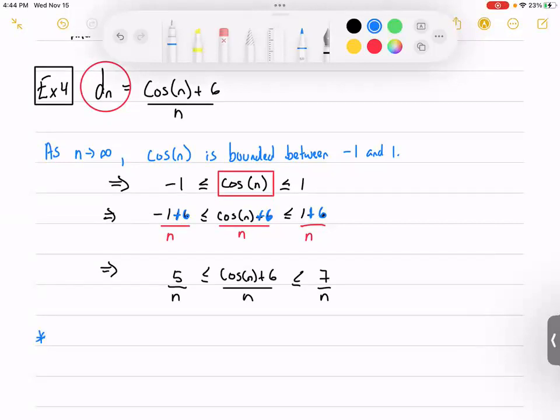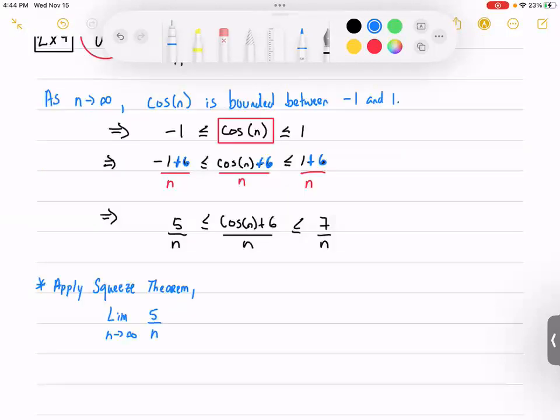Sorry, it looks a little glitchy. I don't know why. All right, so if we apply the squeeze theorem, you're computing the limit as n approaches infinity of 5 over n, and the limit as n approaches infinity of 7 over n. So what are these limits equal to? Both of these limits will be equal to 0 as n goes to infinity.